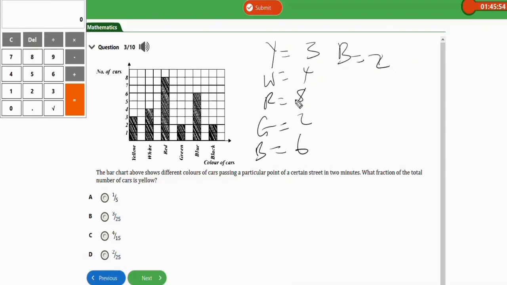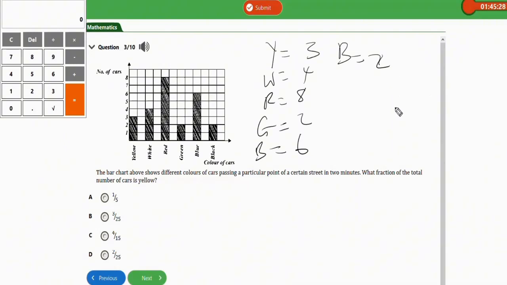Let's calculate everything we have here. 4 plus 3 gives us 7. 7 plus 8 gives us 15. 15 plus 6 gives us 21. 21 plus 2 is 23, plus another 2, we have 25.